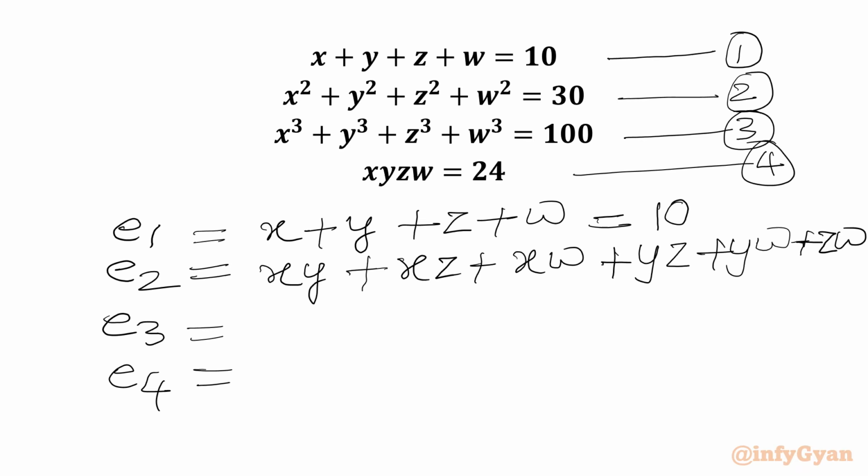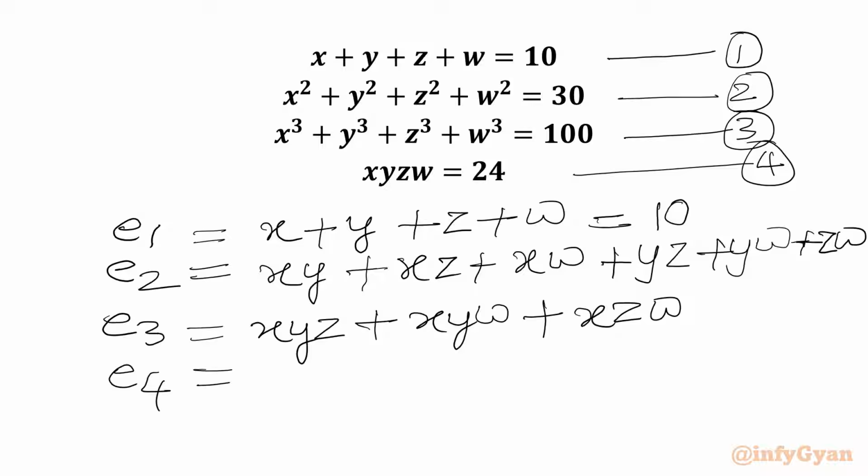Now E3 is sum of roots taken 3 at a time. So we will write xyz plus xyw plus xzw plus yzw. This is sum of roots taken 3 at a time, E3.